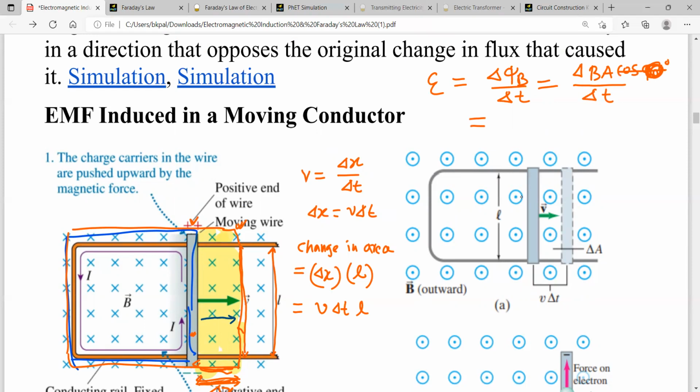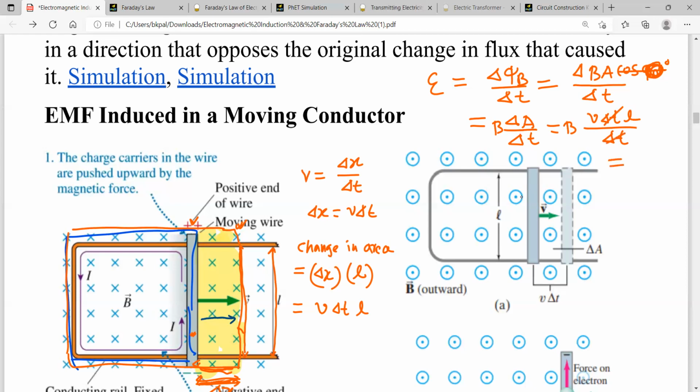Okay, now we don't change B. So we can take B out of this change equation. Okay, so B times delta A over delta t. Now delta A, the change in area, is v delta t L, over delta t. So delta t cancels out.